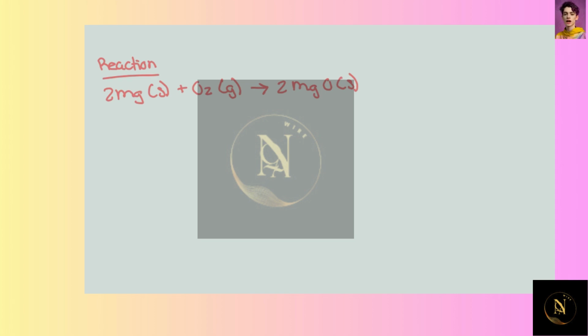And we have the given data. The mass of magnesium is 10.1 grams. The mass of oxygen is 10.5 grams.